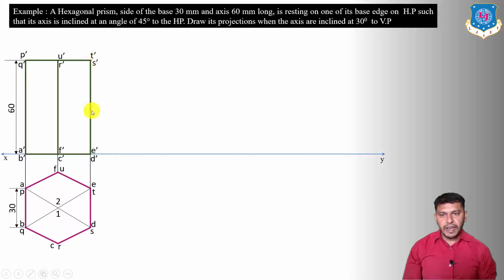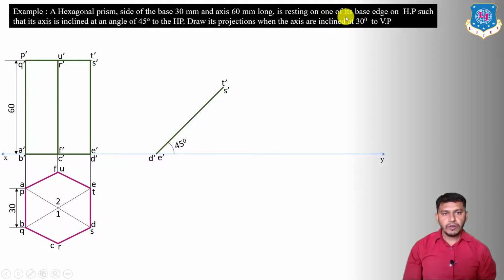So the angle of the side edge will be equal to the angle of the axis. So right now we will derive the angle of one of the side edges. Let us take the side edge DE. Now here you can see that the base edge DE is on the XY reference line. So we can say that the base edge is on the HP. So the resting condition will be satisfied.